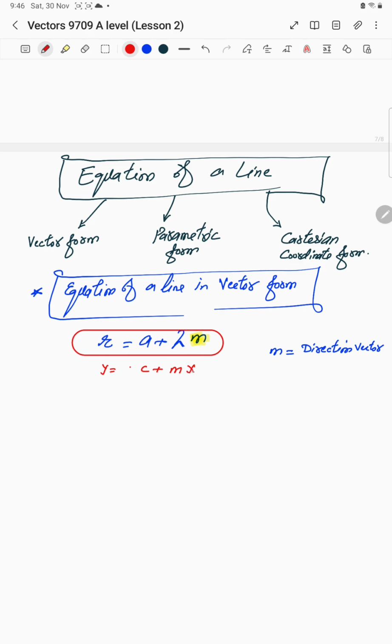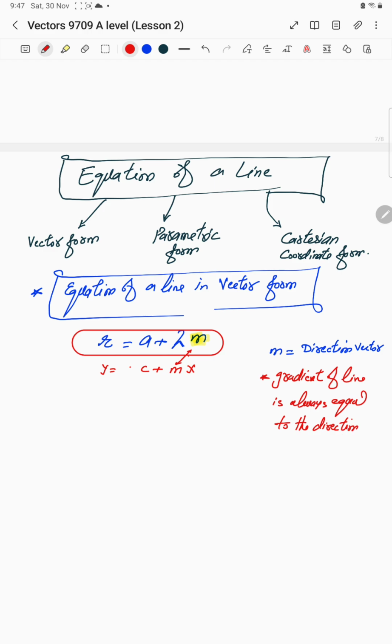Here m was the gradient of the line, and the gradient of a line is always tied to the direction vector.